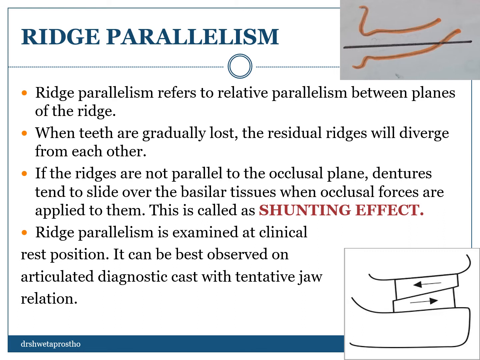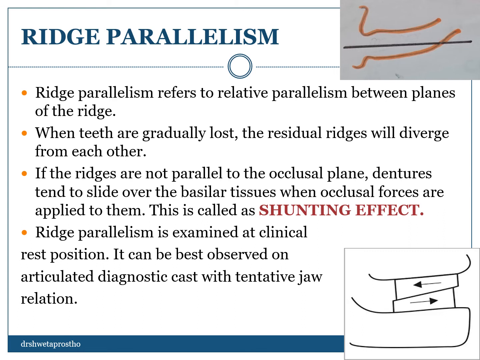The MCQ that is commonly asked is: shunting effect occurs in complete denture if the occlusal plane is lower in the molar area, if the occlusal plane is lower in the incisor area, if the occlusal plane is lower in both, or due to poor muscular coordination.